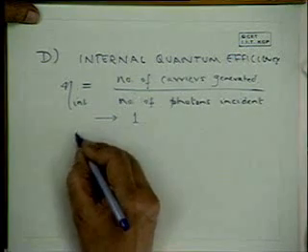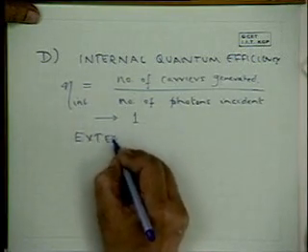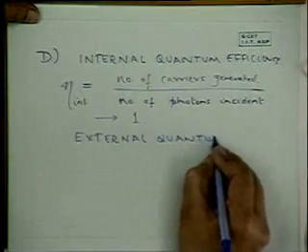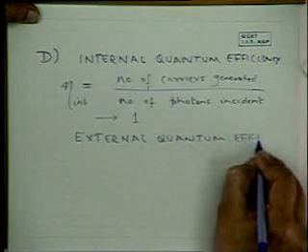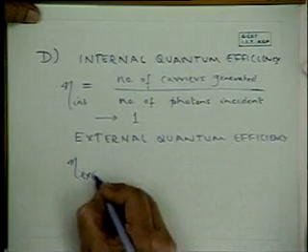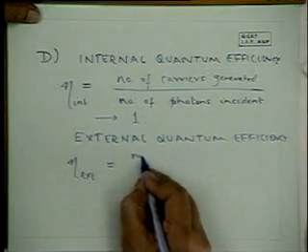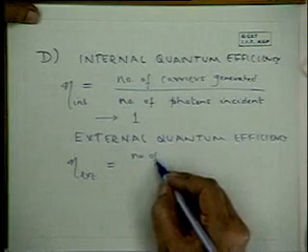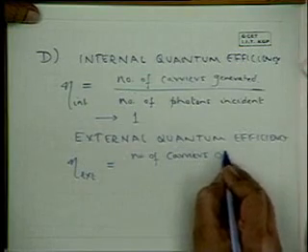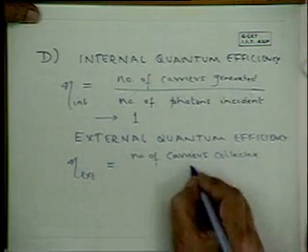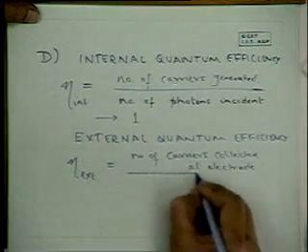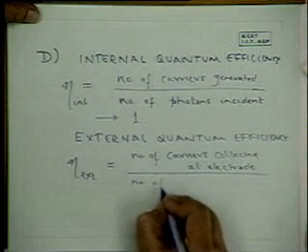However, there is an external quantum efficiency, which is the ratio of the number of carriers collected at the electrode over the number of photons incident.